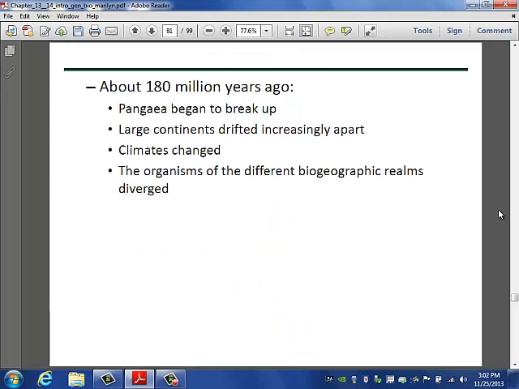About 180 million years ago, Pangea began to do what? Break up into very large continents that drifted apart. Climates changed. In my very short lifetime, I see very, very subtle climate changes.